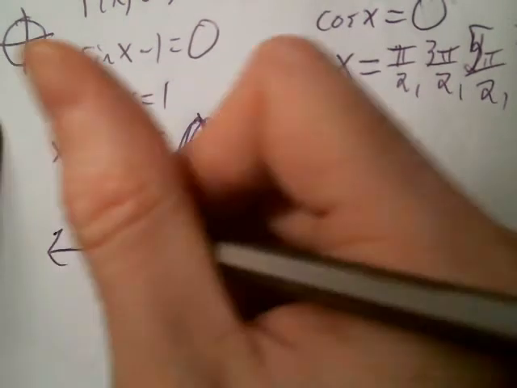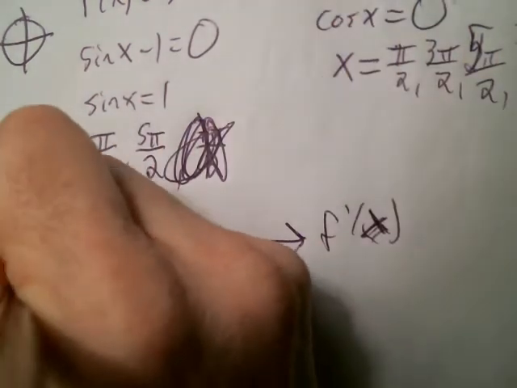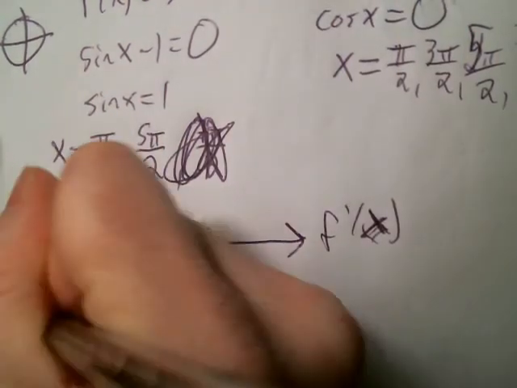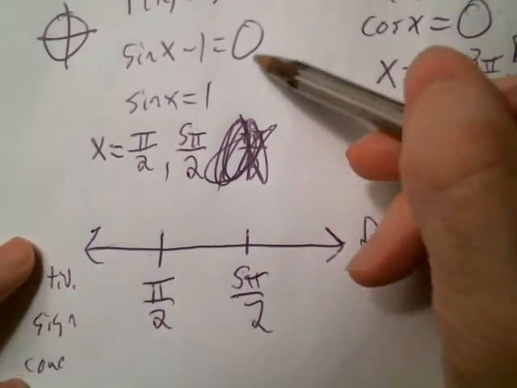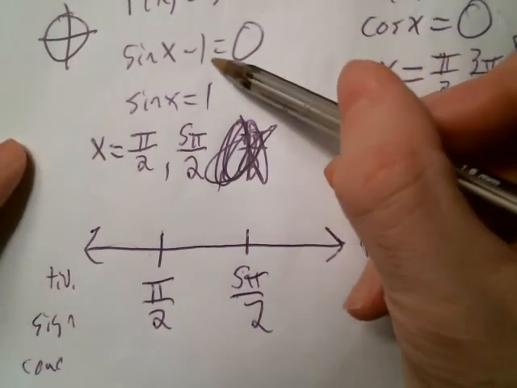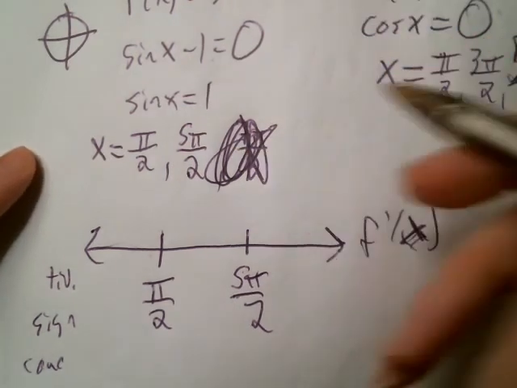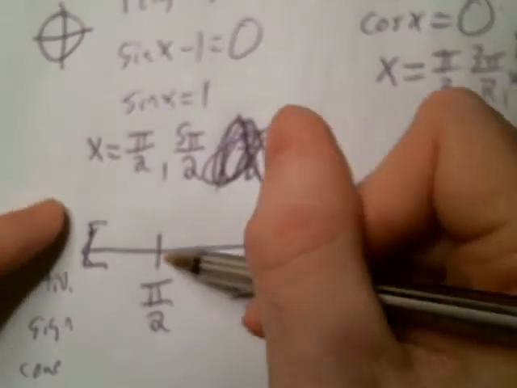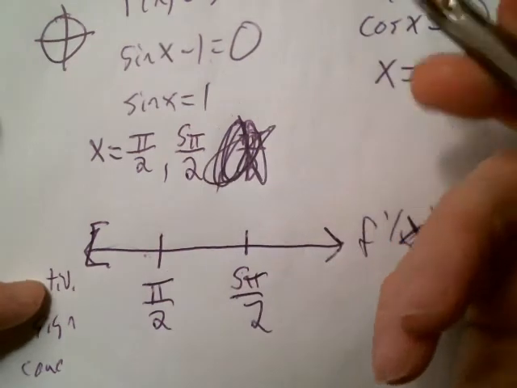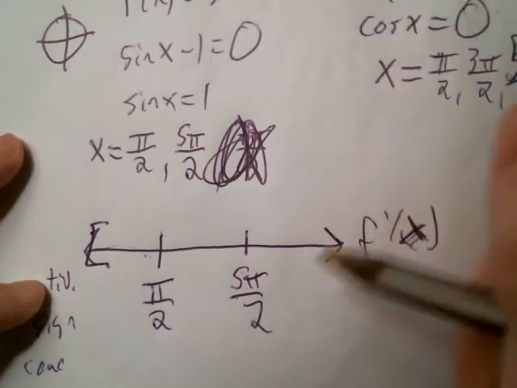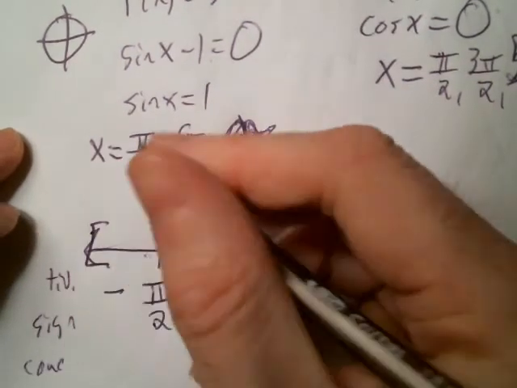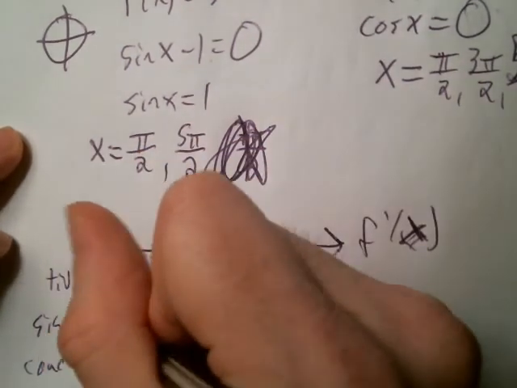Okay. Right, so I need to figure out my test value, sign, conclusion. I'm plugging stuff into the first derivative, which is this guy here. So if you try pi over 4, sine of pi over 4 is root 2 over 2, which is less than 1, so it'll be negative. That means it's going down.